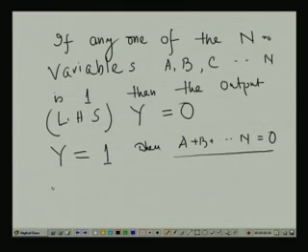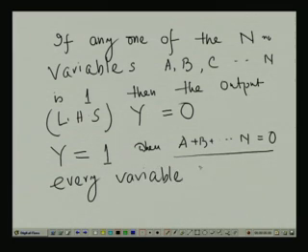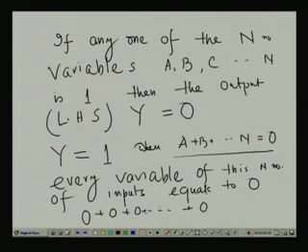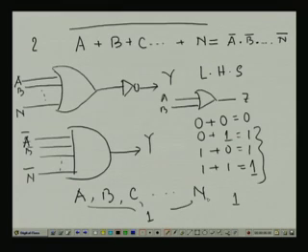When every variable of this n number of inputs is equal to 0, that means 0 plus 0 plus 0 plus 0, then only the output of the OR gate will be 0.